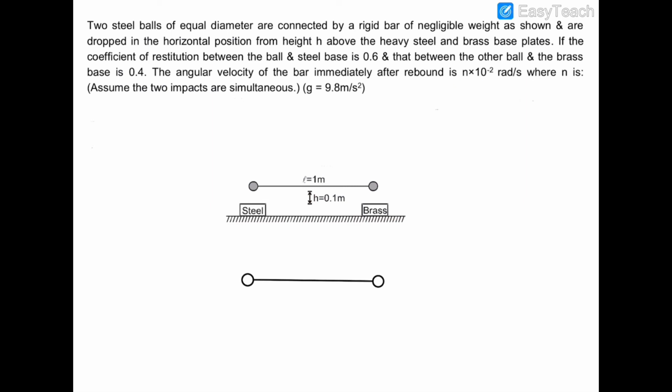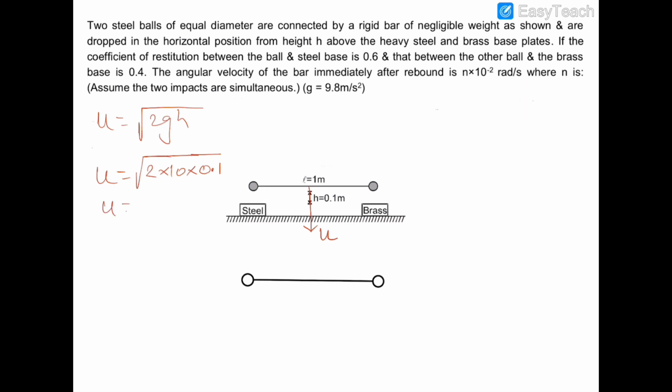Let us first find the velocity with which they will strike the surface. So u would be equal to under root of 2gh. In fact, u will be equal to root 2, because 2 into g, which is 10, into h, which is 0.1, gives 2.